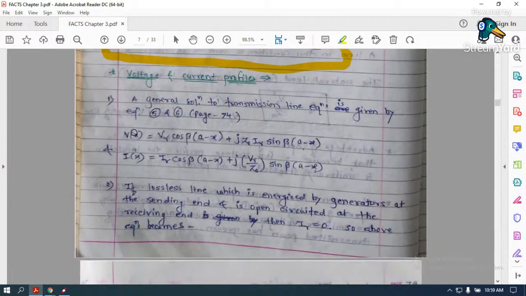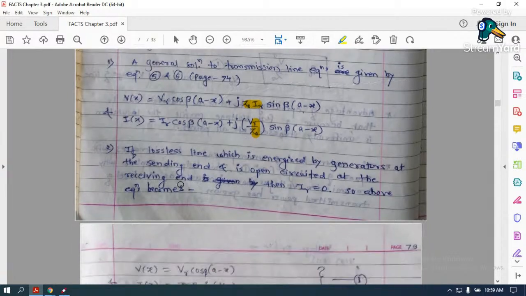We all know voltage and current profile equations, V of x, I of x, VR cos beta (A minus x), j Z0 into I. Remember this term Z0 into I is nothing but VR, and similarly VR upon Z0 is nothing but I. Anyhow, this current phasor is resolved into two components, cos and sin. And if x equal to 0, it is sending end.